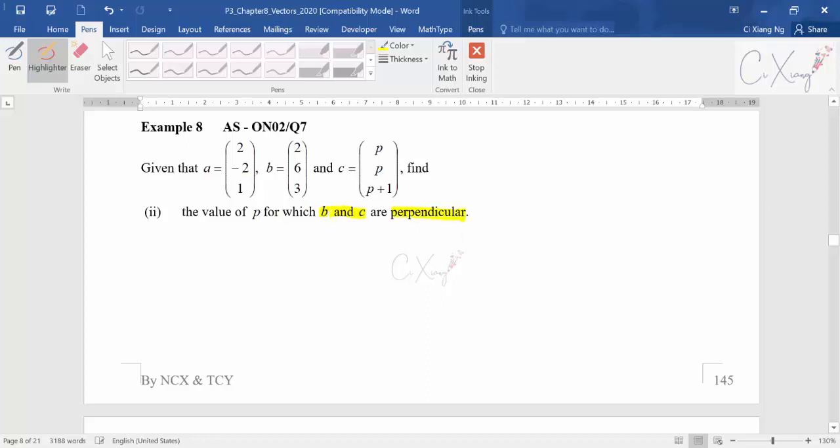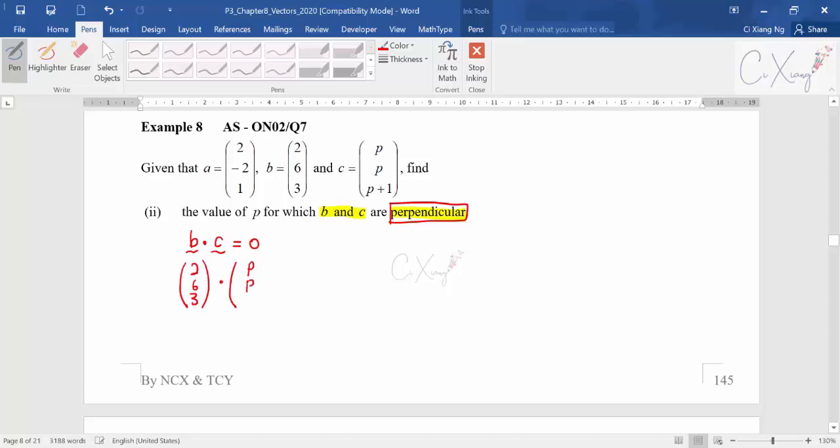Since they said B and C are perpendicular, you can straight away apply the formula for perpendicular vectors. So you can write B dot C equals 0, because you know the word perpendicular, right? You straight away apply the formula for the perpendicular result. Okay, so B is 2, 6, and 3, multiplied with C.